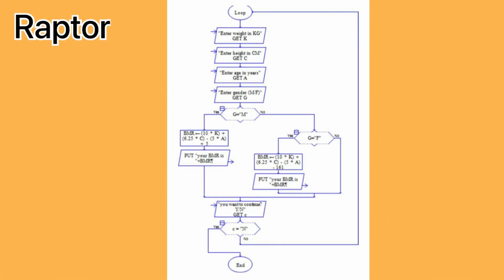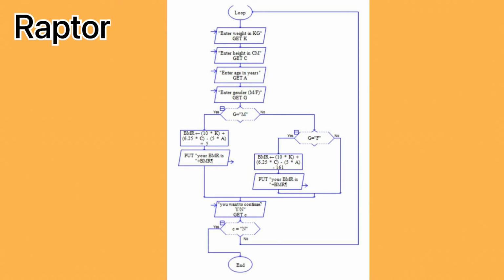For the flowchart, it will follow just like the pseudocode. So I start, and then loop, then go for the input, a rectangular shape like this, and in there enter weight in kg, get k, and then enter height in cm, get c, and then enter age in years, enter gender m and f.